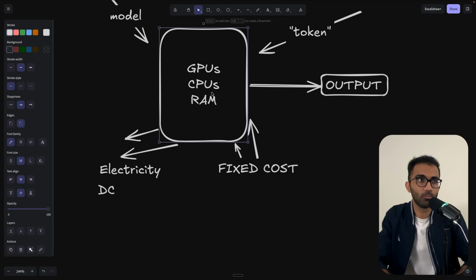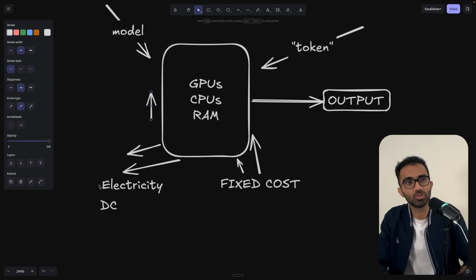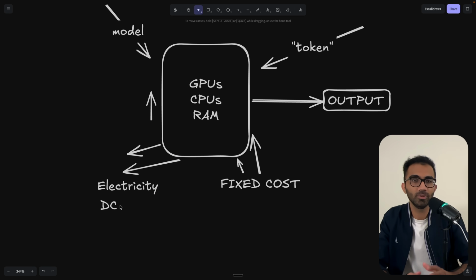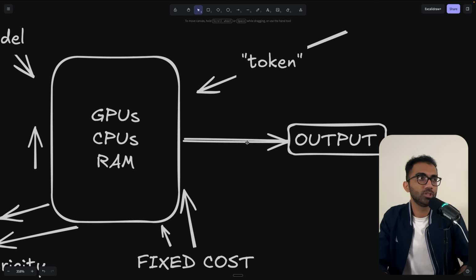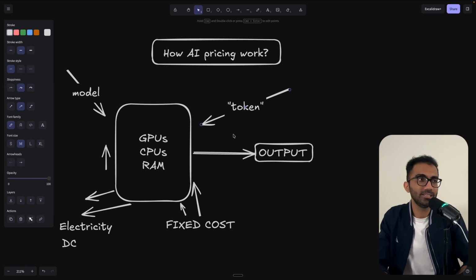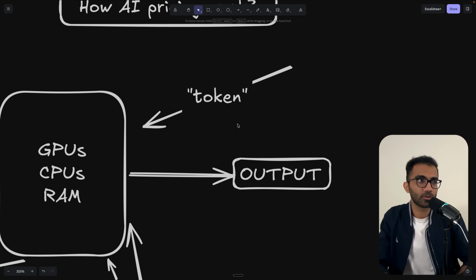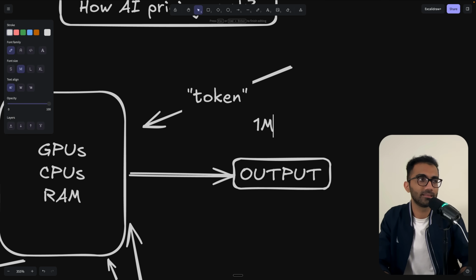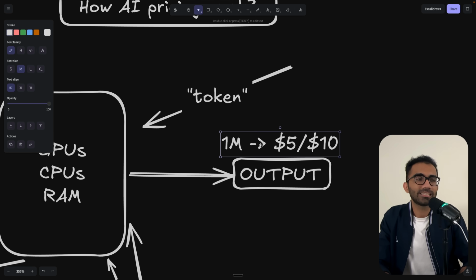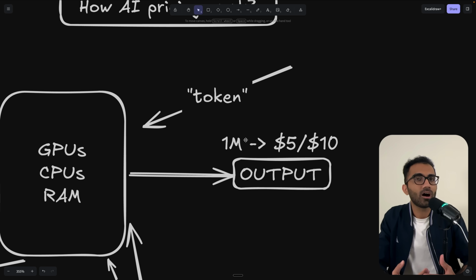The more CPU you use, the more energy the electricity would consume, and so on. So this token cost that we usually see, which is like for 1 million, it's going to cost you $5 or $10 or whatever, in some sense, this is an arbitrary cost, right? It is an arbitrary cost.